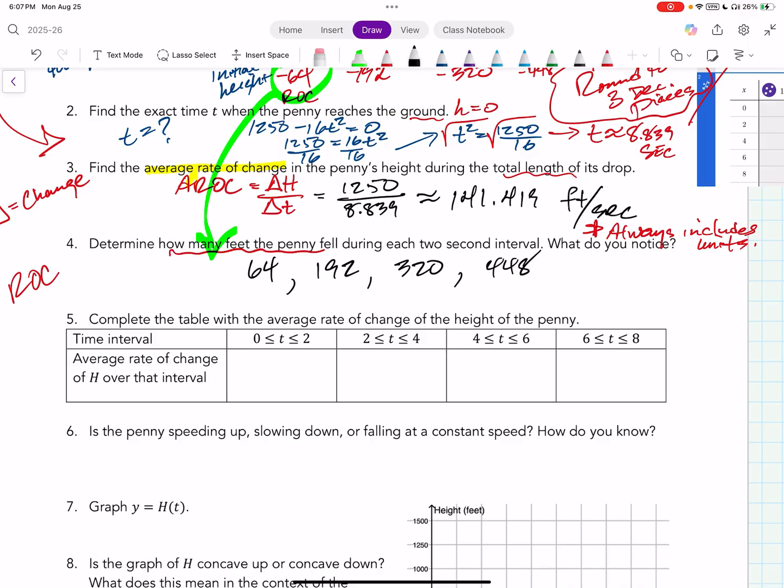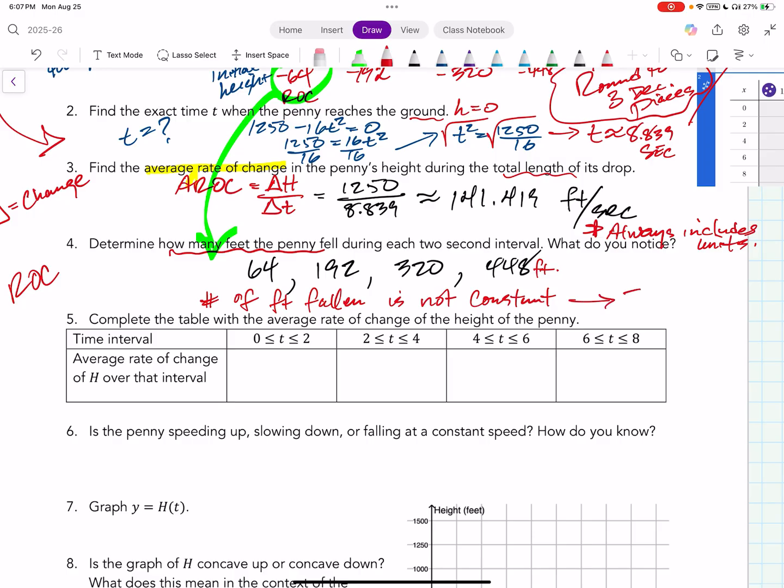So what do you notice here? The rate of descent, or the number of feet falling. These are feet. So I'll just write it very simply: number of feet fallen is not constant.